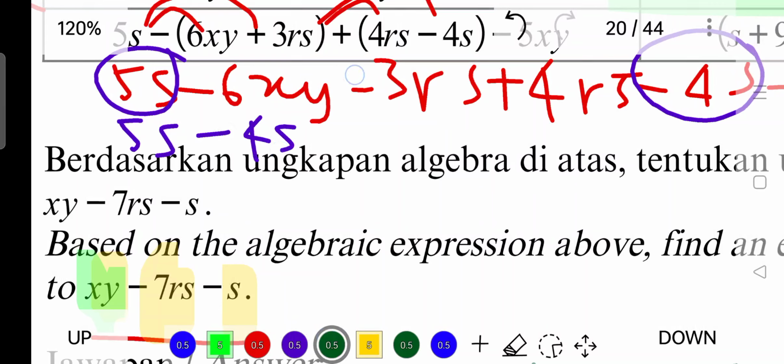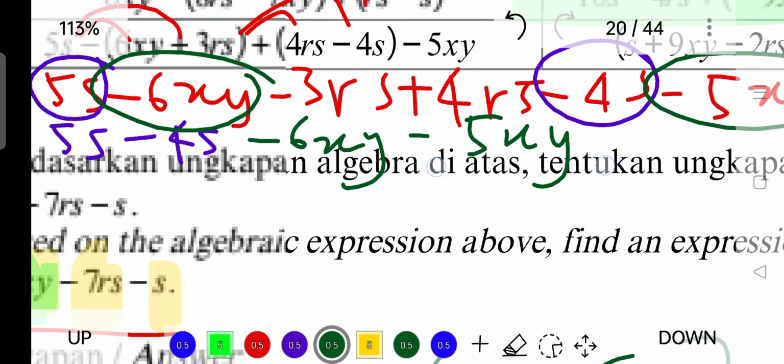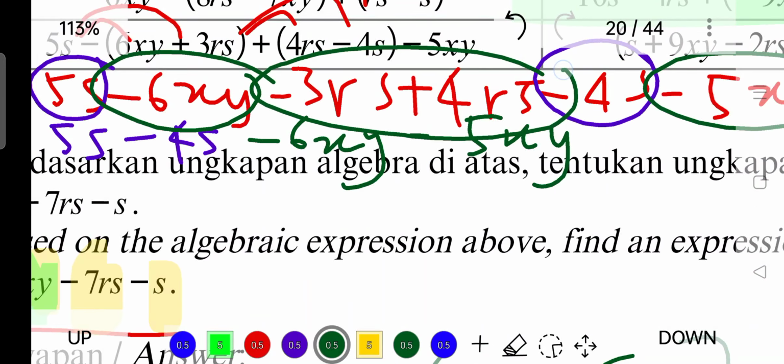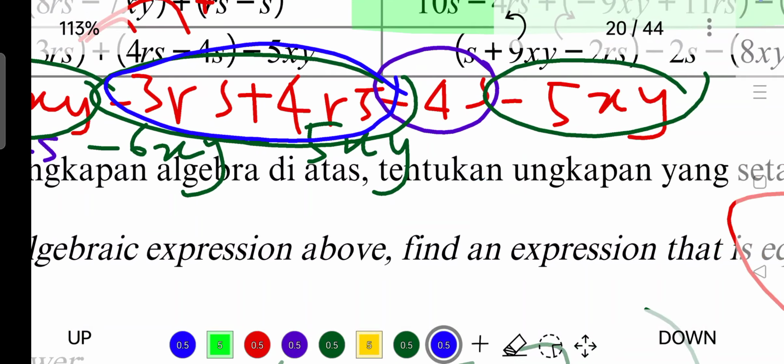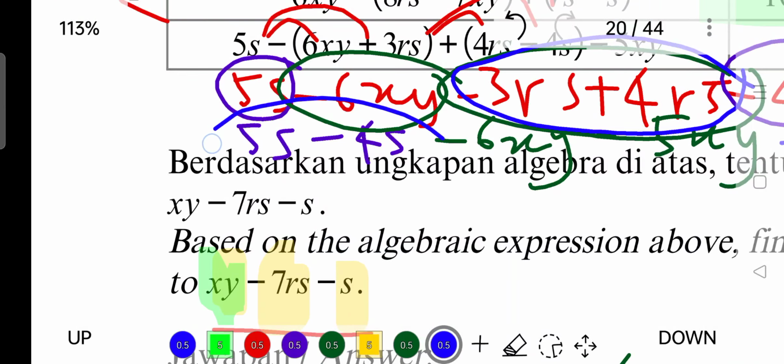Next, minus 6xy and minus 5xy. Next, this one, minus 3rs plus 4rs. Let's do just 5s minus 4s is s.